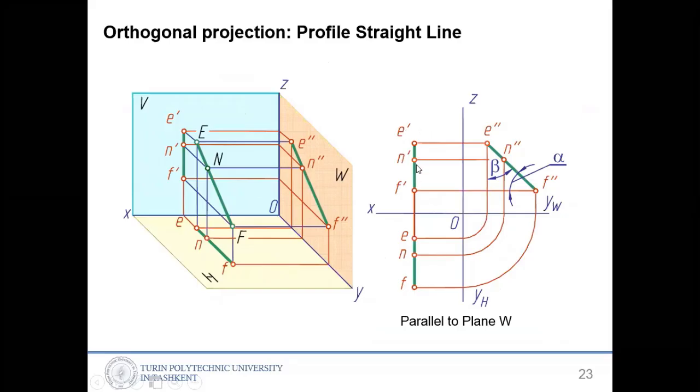Okay, so the W is here, so that's why it's parallel to the E dash F dash, and the same like E and F line is parallel to the OY and OY1 plane. Only one side has a slope, so that's why we call it a profile straight line.